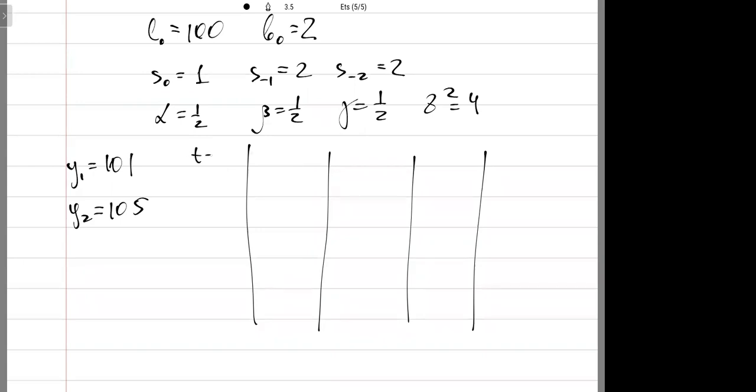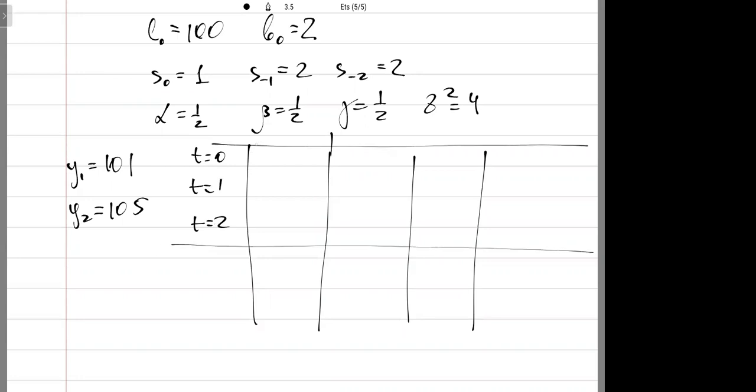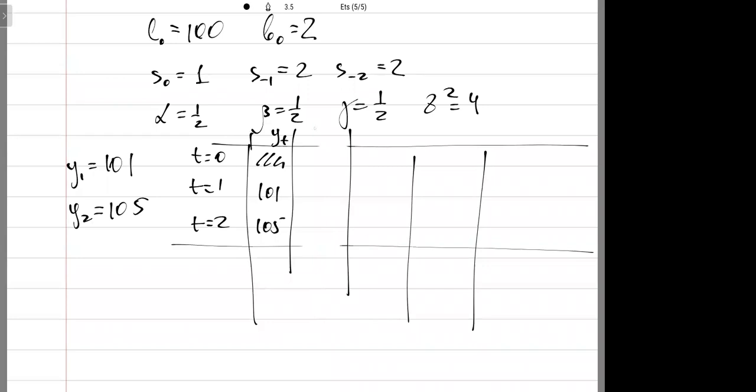So that will be t equal to 0, t equal to 1, t equal to 2. I will not fill everything, but roughly I have yt, that is 101 and 105. I can fill in ut, lt, st, bt.